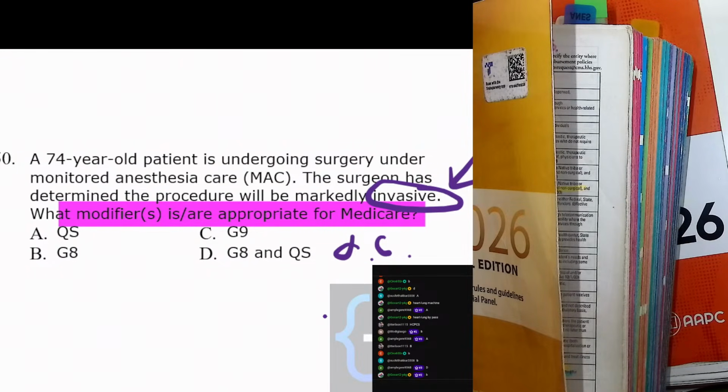So when I tell you they love to play with the English language, they really do. They don't want to say that means deep and complex, but they did say that the procedure was markedly invasive. Yep, that tells us that B is our correct answer. Yep, very tricky.